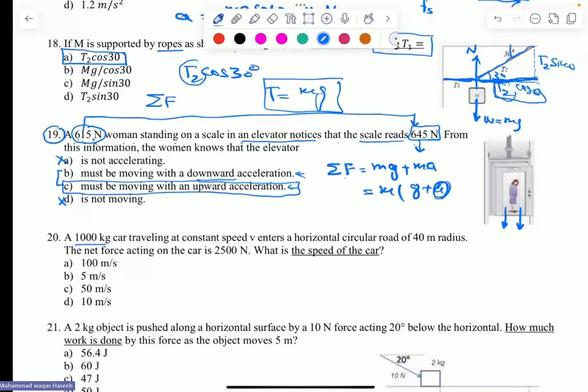The sum of all forces equals mass times acceleration. If the weight of the object is downward and the acceleration is downward, these two forces add, meaning you are adding weight to the acceleration.